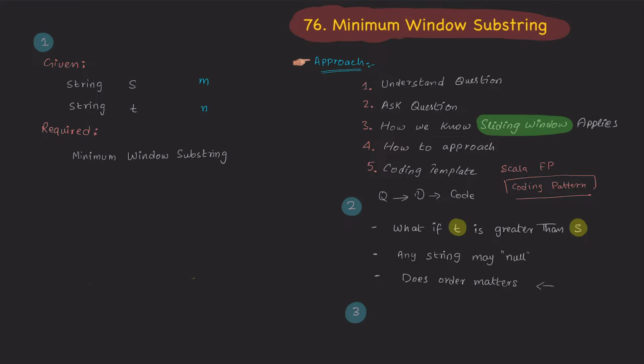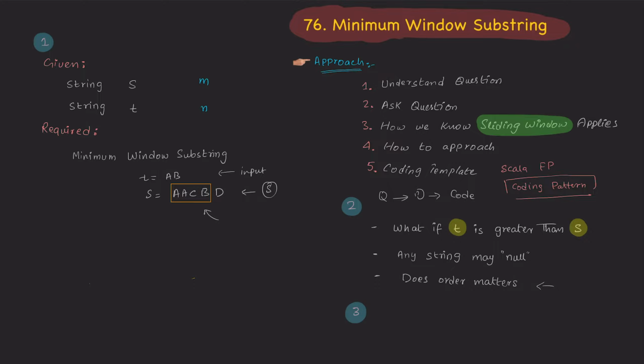You can start your discussion with a very simple example. Let's suppose you can say, what if T is equal to A and B and S is equal to A, C, B? By providing the input, you are asking, okay, is this the output you're expecting from this S string? You can see in this S, A, C, B could be the possible candidate where all characters are coming in that substring.